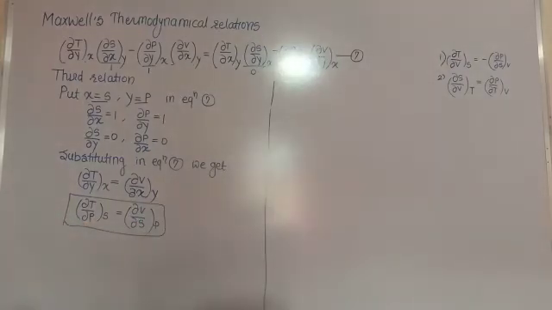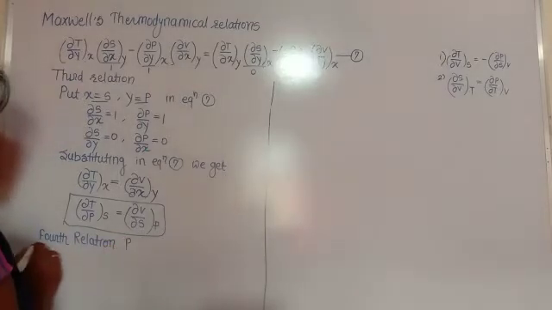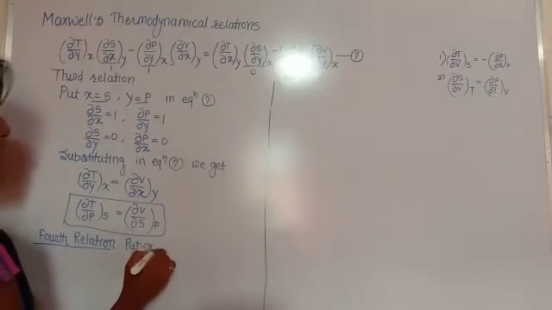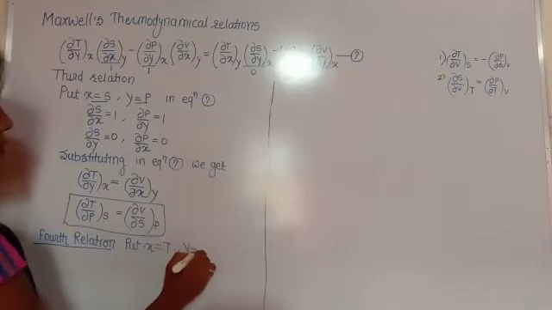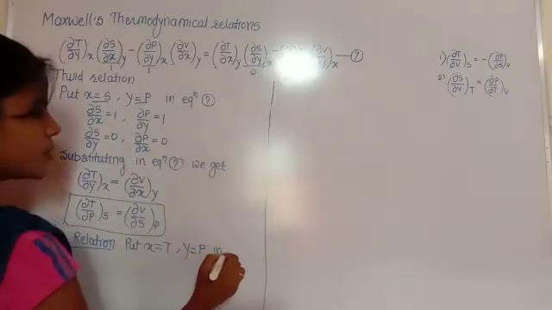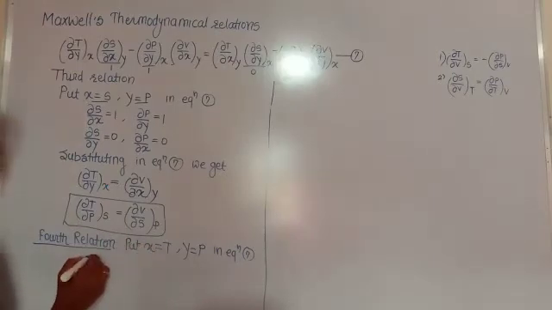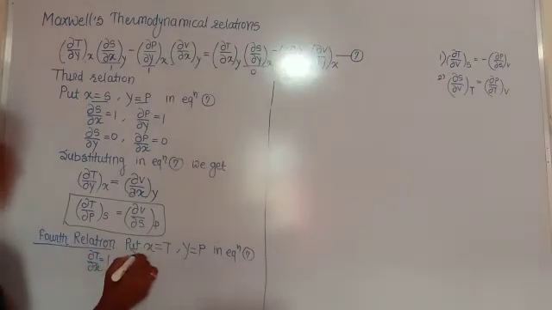So this is the Maxwell third relation. Then the fourth relation. For the fourth relation, put x equals T and y equals P in equation 7. After putting this, del T by del X is 1 and del P by del Y becomes 1.